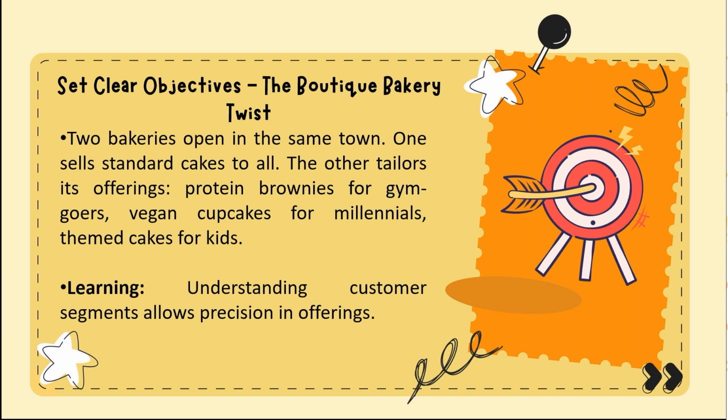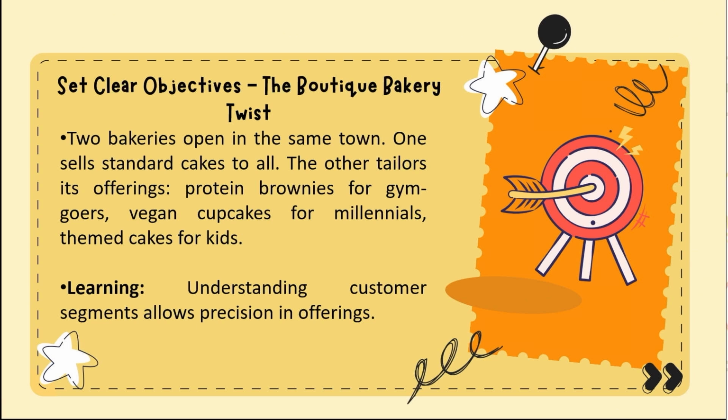So before dealing with the different bases of segmentation, let's take one example to set the objective of the session. The boutique bakery twist. Two bakeries open in the same town at the same time. One sells a very standard kind of cake to all, whereas the other bakery tailors the offering to the consumers.